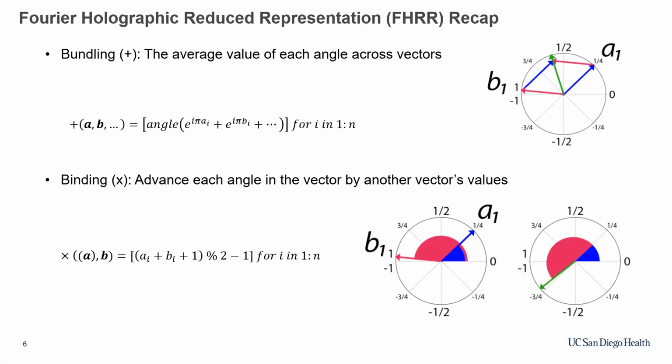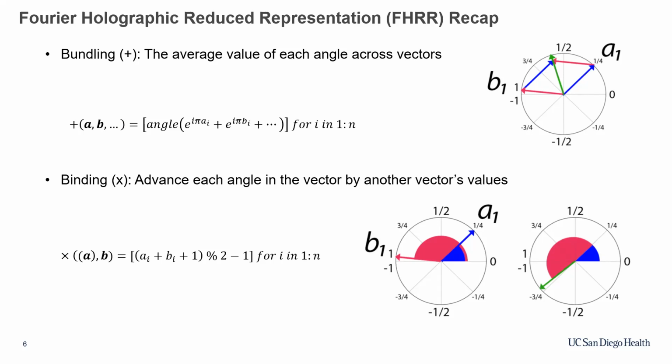When you go to do bundling, you can convert each of those angles to this complex representation by Euler's identity. You can sum each of those complex numbers, and then once you take the angle of that resultant complex number, you get the bundled output. And then finally for binding, you essentially take the input vector and you advance all of its angles by the second vector.